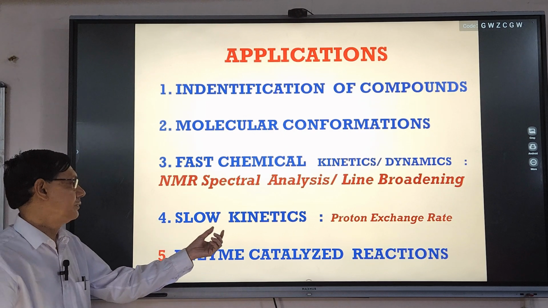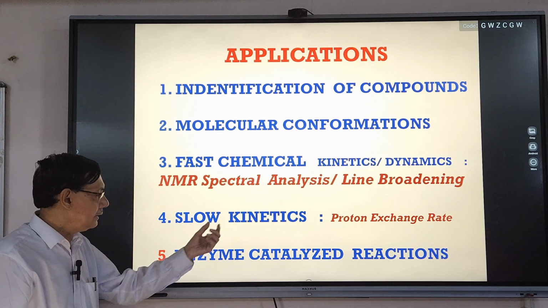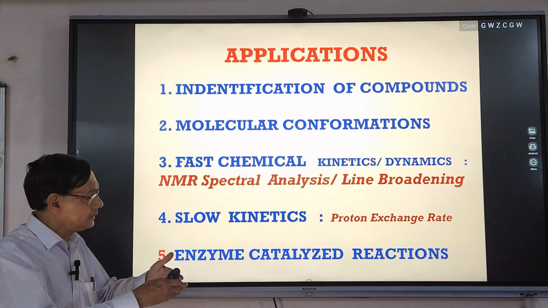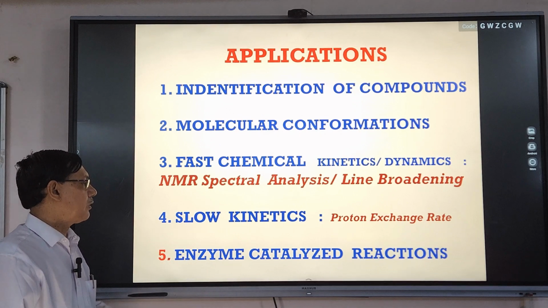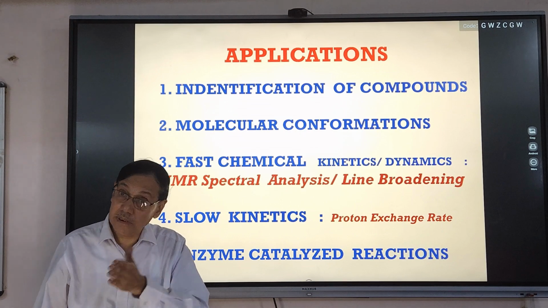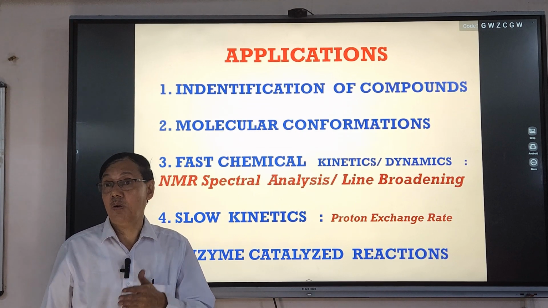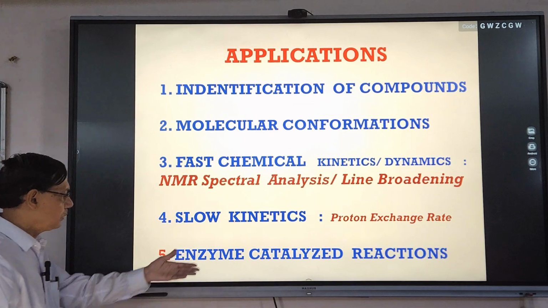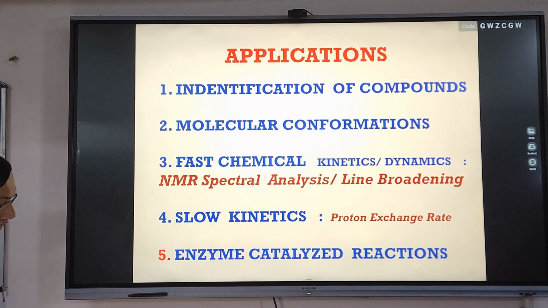And of course, I will also discuss some of the slow kinetics like proton exchange rate, where offline NMR is suitable. But for very fast reactions, online NMR technique must be used, and of course some enzyme catalyzed reactions.